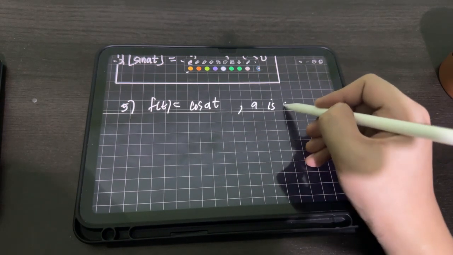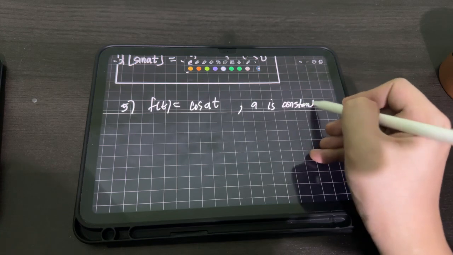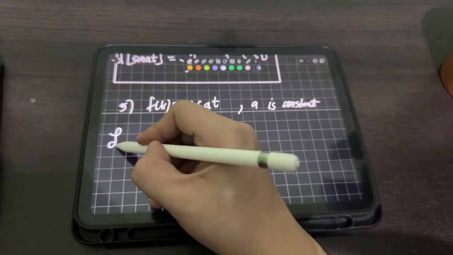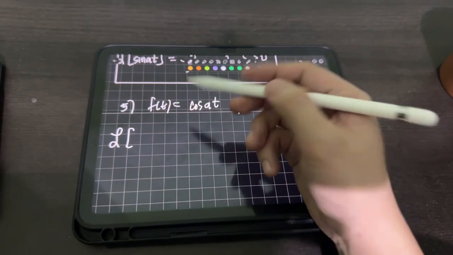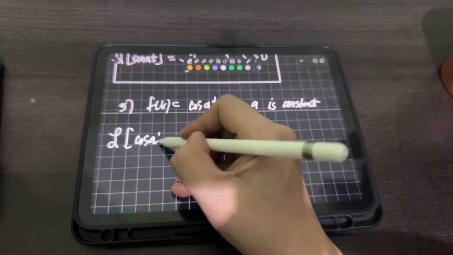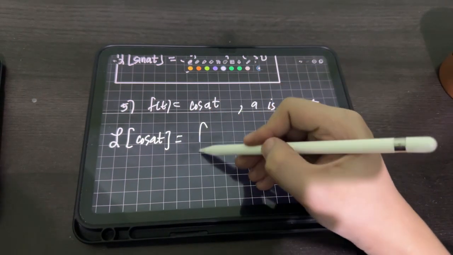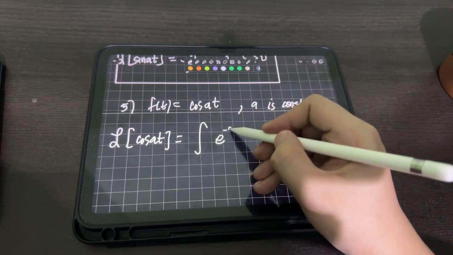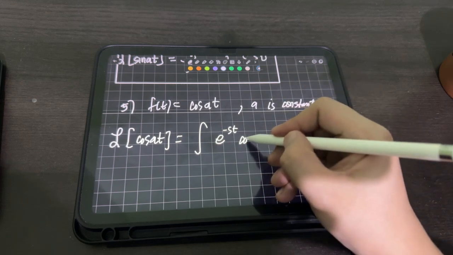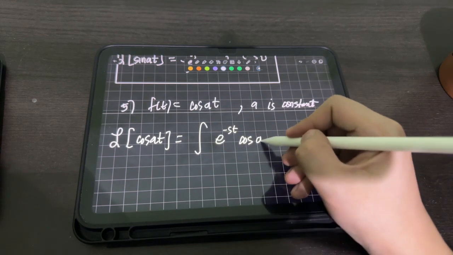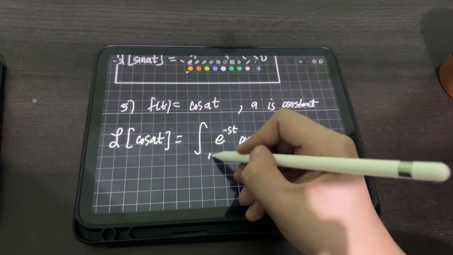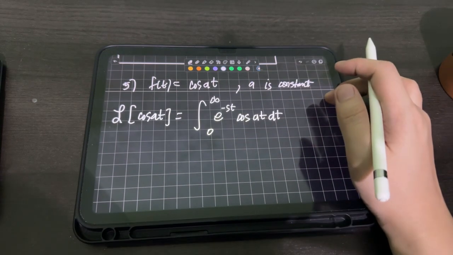Again, a here is a real number constant. So applying the definition, the Laplace transform of cosine at is equal to the integral of e to the negative st times f of t, which is cosine at dt, from 0 to infinity.